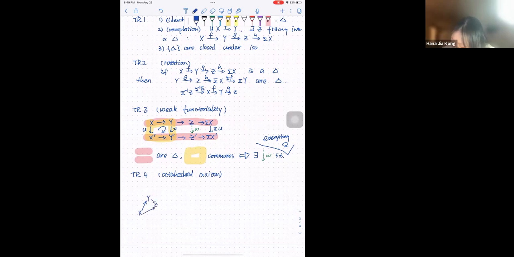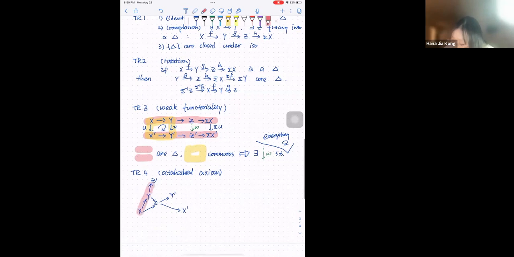Z prime is X, Y, Z. Okay, and here I assume this and this are distinguished triangles. Let me number them 1, 2, 3. And I can look at the other sequence, number it as 4.